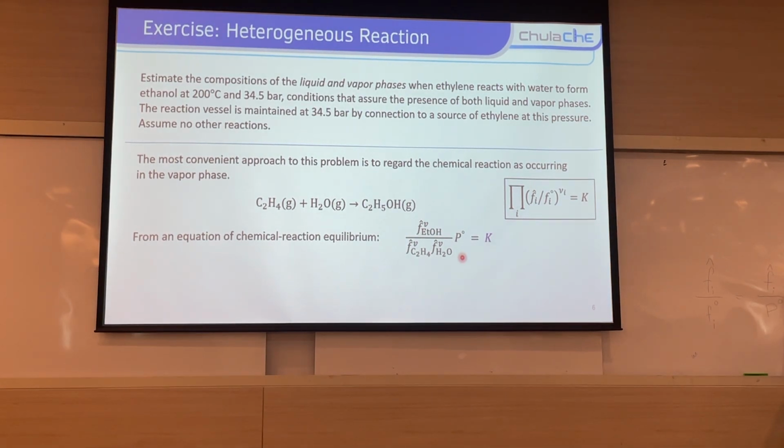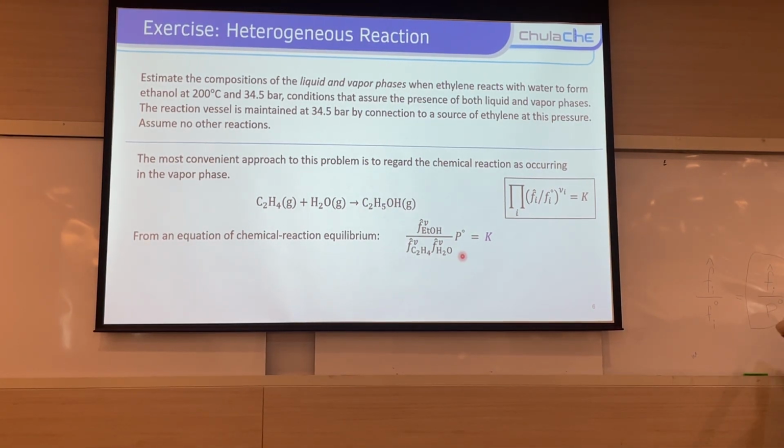So you change it to this for every species, and then the standard state pressure here will be eliminated together, and then the one left is one standard pressure here.